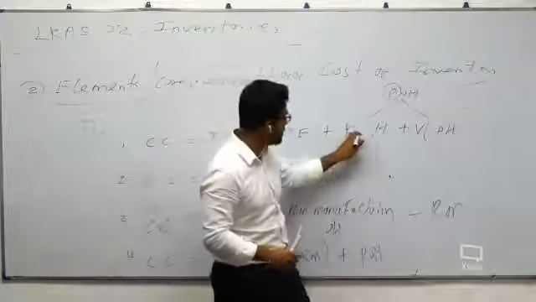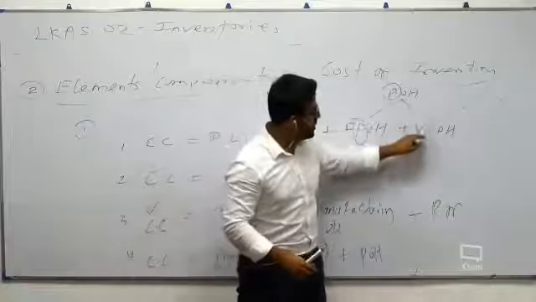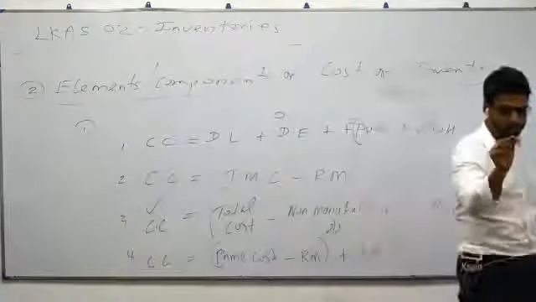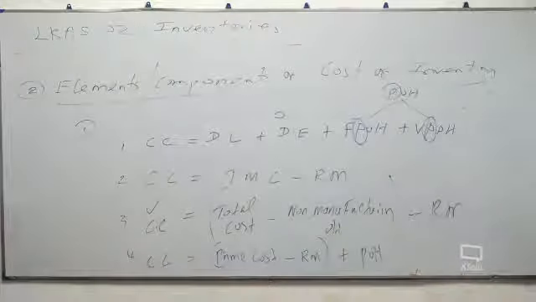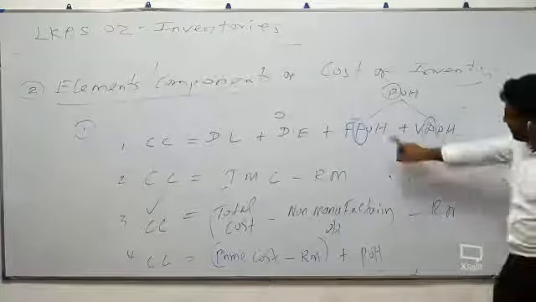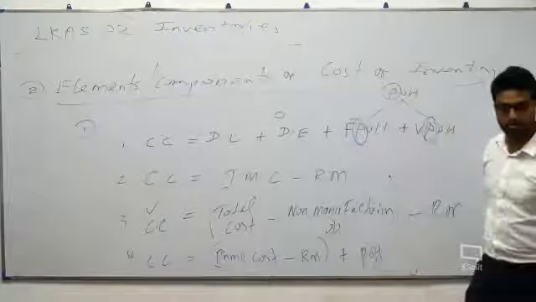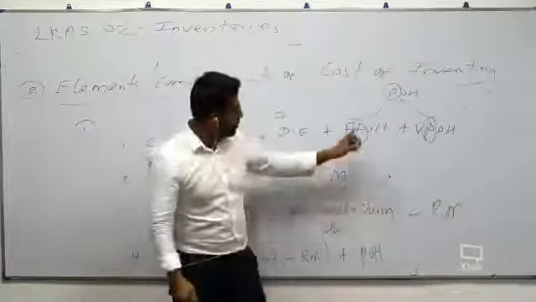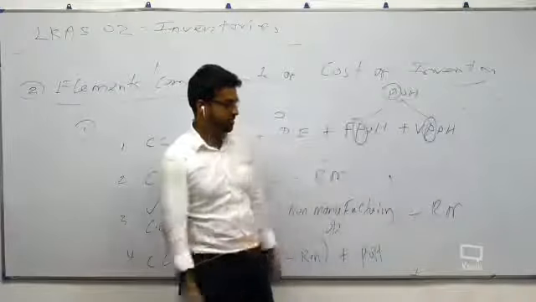So fixed production overhead and variable production overhead are the better terms. Some guys don't take those terms seriously. One word different, one letter dropped, and the answer is wrong. Overhead means everything. Production overhead means factory. Use the word factory, production.